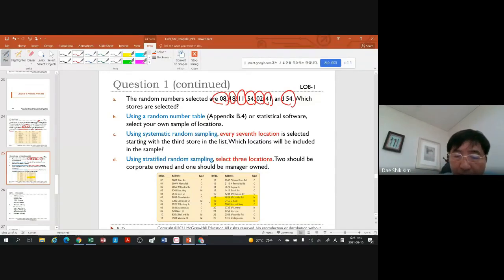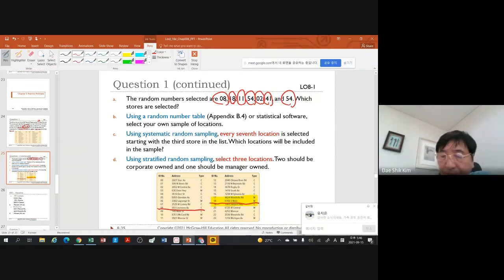I will use this one. 8 is Louisiana. So 11 is here, 350 Monroe Street.